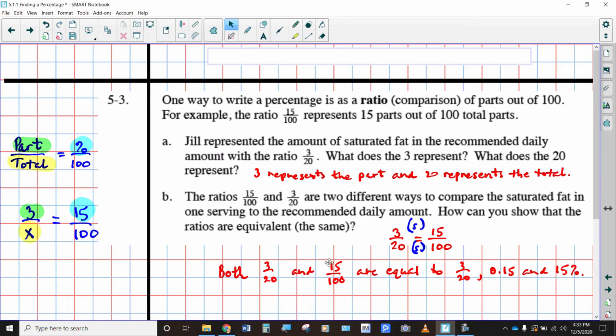If you simplify 15 over 100, it would simplify down to 3 over 20. If you change both of them to their decimal equivalents, it would be 0.15, and to the percent equivalents, they would both equal 15%. So a few different ways that you could prove that these two ratios are in fact equivalent to each other, which proves that 20 is the correct answer that we're looking for.